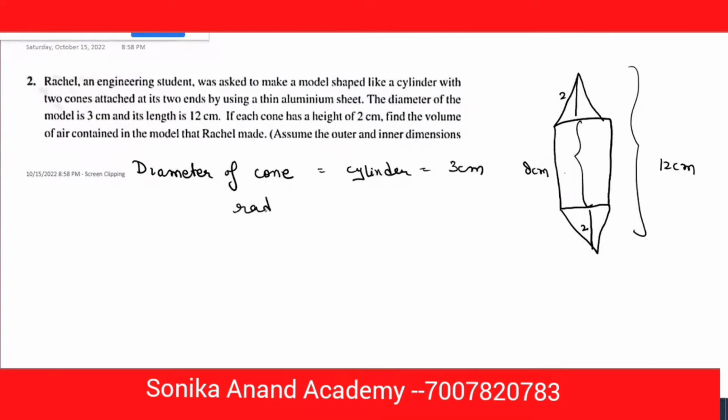So the radius is equal to 3 by 2 centimeter. Now the height of the cone is equal to 2 centimeter and the height of the cylinder is 8 centimeter.